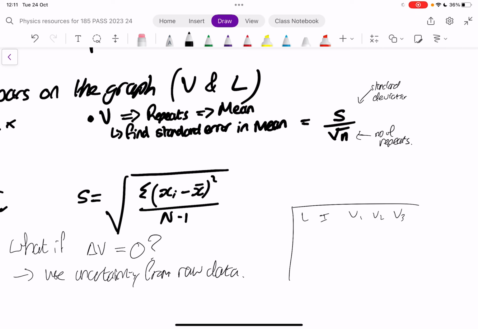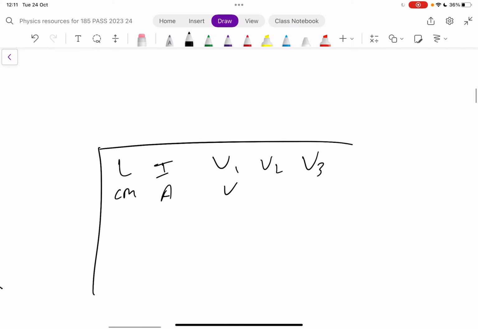In each of these headings for raw data, you should have had a unit and an uncertainty. So for voltage, if your voltages all read something like 1.21, then the level of precision is 0.01. So the uncertainty would be half of that, which would be plus or minus 0.005.